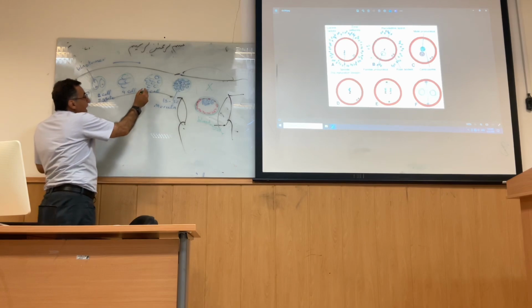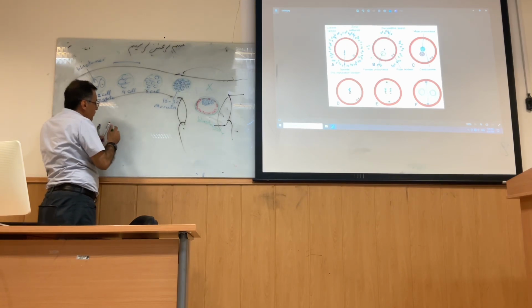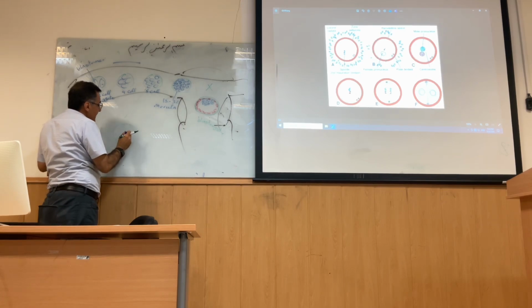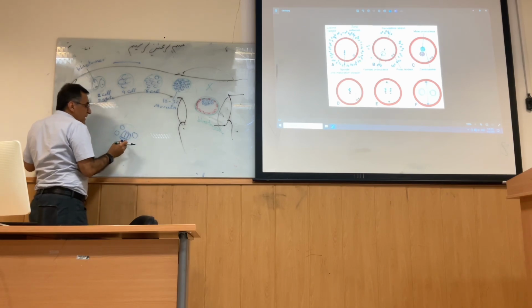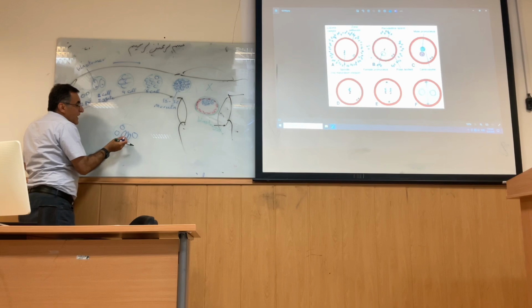Okay, and at the 8 cells, one important mechanism happens. It means that the central cells become flat in shape, and the cells situated in the circumference are all circular.